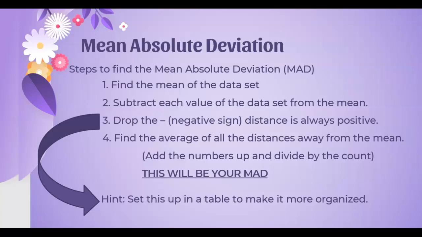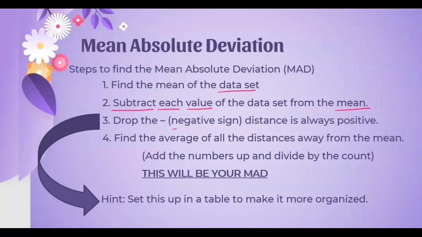So the steps are, you have to find the mean of the whole data set first. Step number 2, you subtract each value of the data set from the mean. This is what you found over here in step 1.